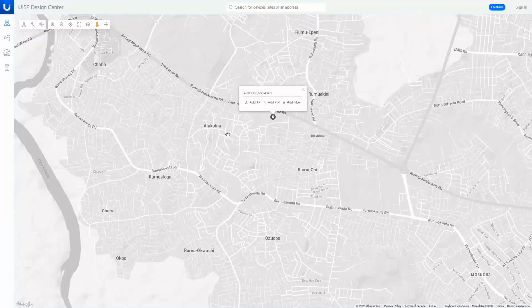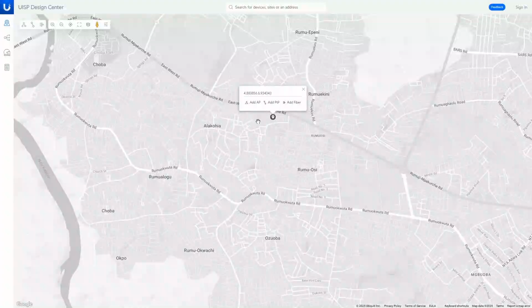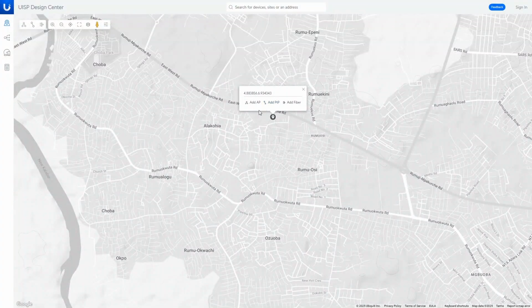If you don't know the website, just type UISP Design Center. It's actually active. That is working. Yes, but it doesn't work on mobile devices. That's why I say open up your laptops. Have you loaded something that looks like this?